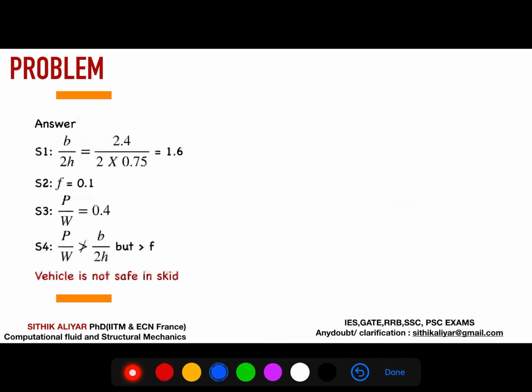So step 1, you have to determine the B by 2H ratio. This is the body dimension ratio. B is 2.4 divided by 2 into 0.75, which is 1.6, and they have given friction 0.1. We know if B by 2H is greater than V square by GR, or P by W, both are the same, then the vehicle won't overturn.